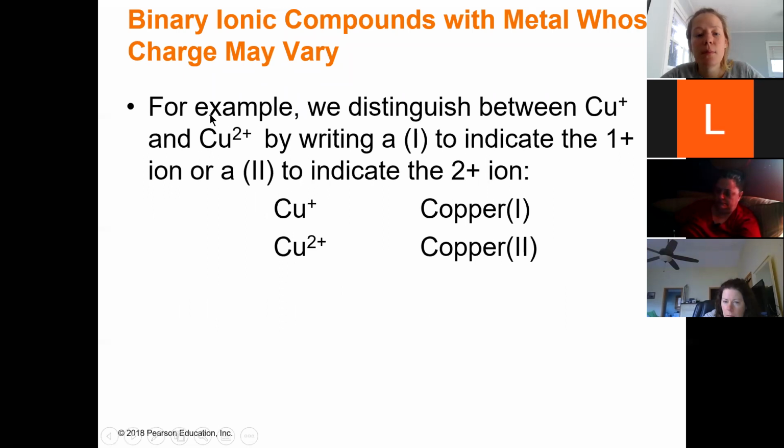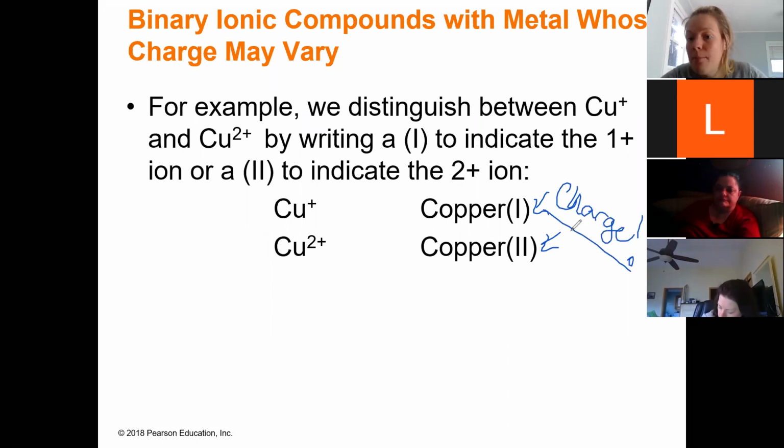So the system is, let's say we have copper here. If it's copper with a +1 charge, you're going to write copper 1. We don't drop the 1 with our charges, okay? So always make sure you're writing that out. Copper with a 2+ is copper 2. Now this number here in Roman numerals is talking about charge, not how many you have.